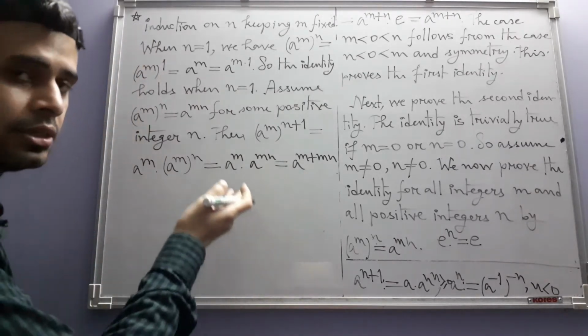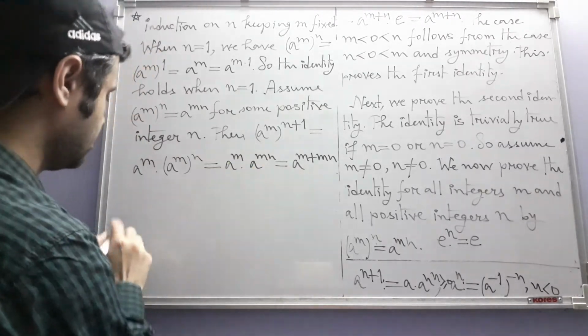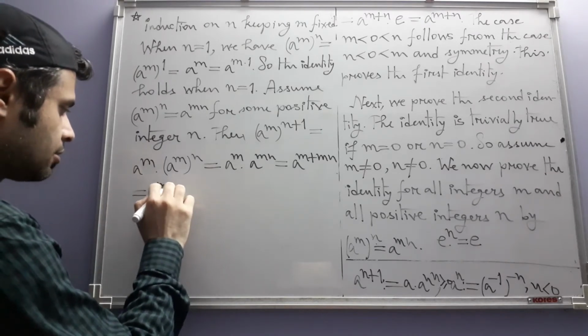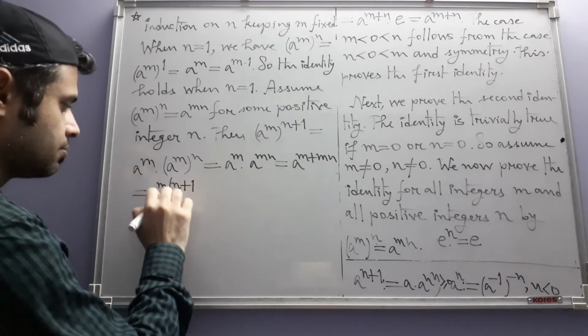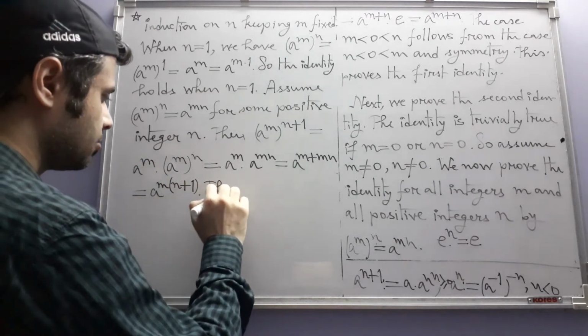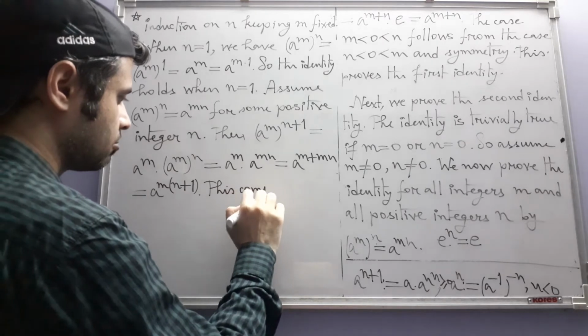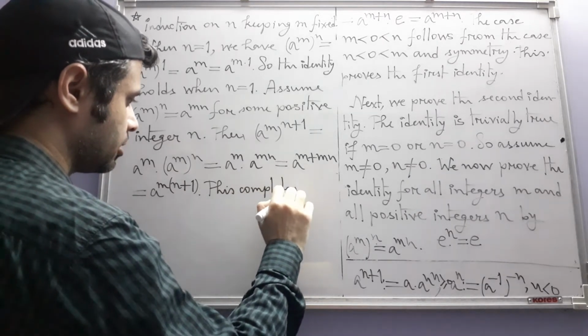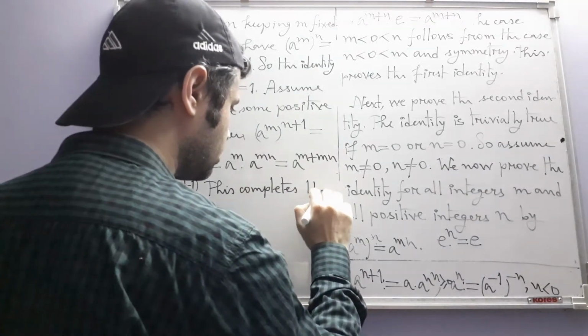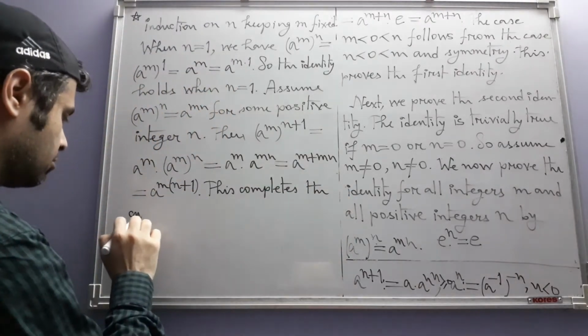You can see that it follows from the first identity, and this becomes a to the power m times n plus 1. So this completes the induction. Since we have gone through several inductions, this completes the latest one.